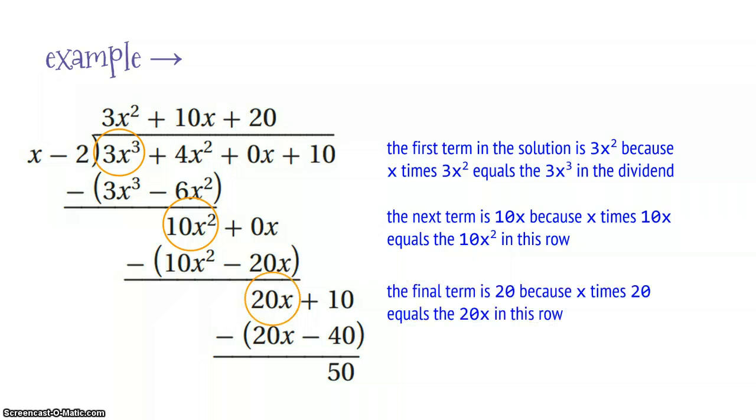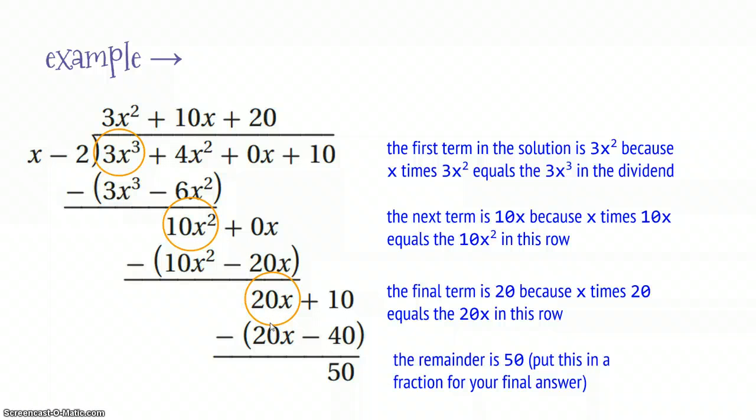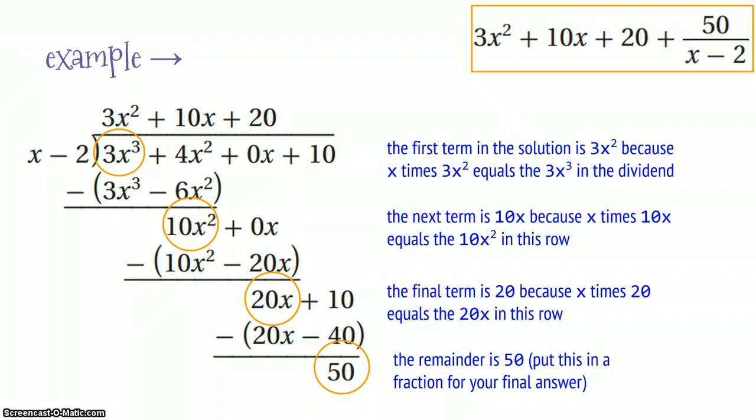The final term is 20, because 20 times x is the 20x that we want in this row. In this problem, we have a remainder of 50, and we'll put this in the fraction for our final answer. Our final answer here is 3x squared plus 10x plus 20 plus 50 over x minus 2, that remainder in the fraction, 50 over the x minus 2. So that is our answer when we divide.